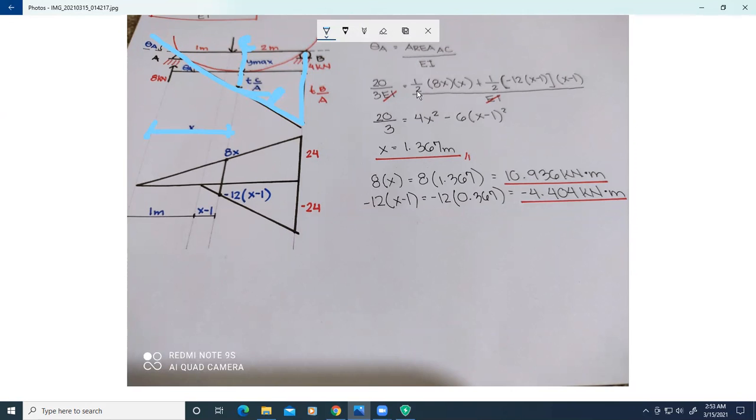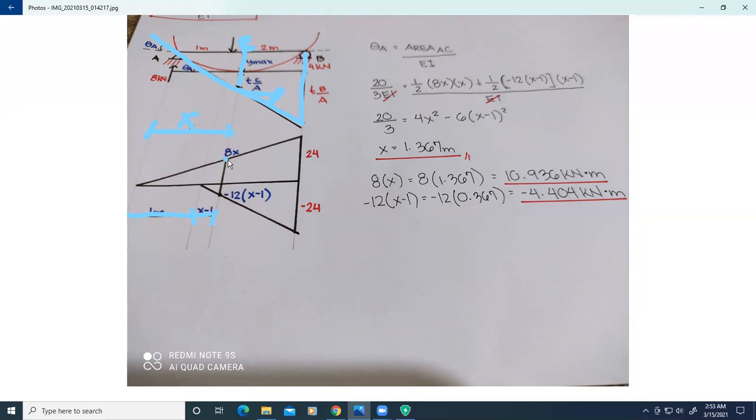Okay. So we need first to determine this distance. So I'll just call it X. And we all know that this is 1 meter. So this unknown distance will be X minus 1.